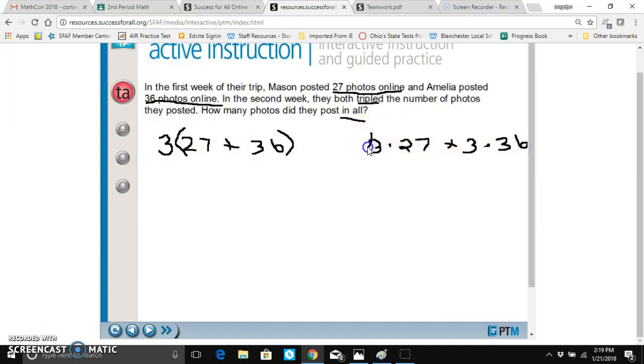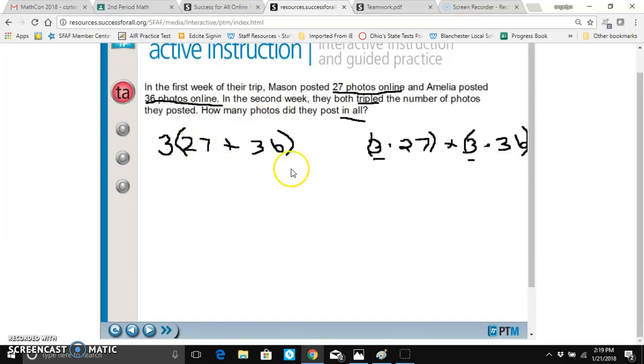And if you want to, you can put parentheses around this and this if you like. You don't have to, but some people like to do that to see how the 3 was distributed to both numbers. So I now have demonstrated this word problem two different ways using distributive property.